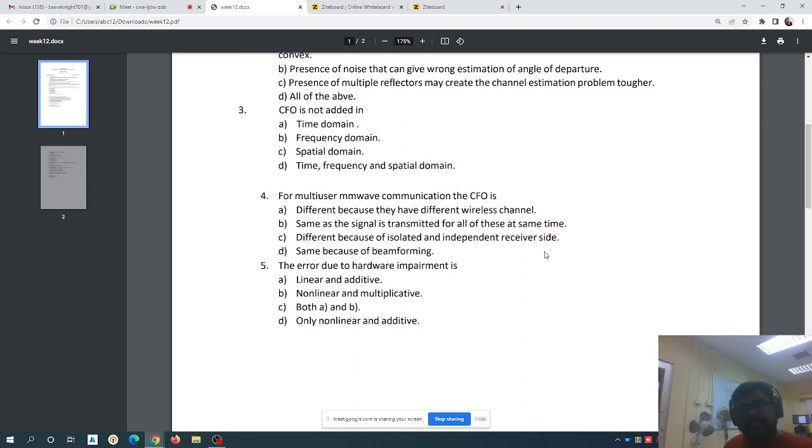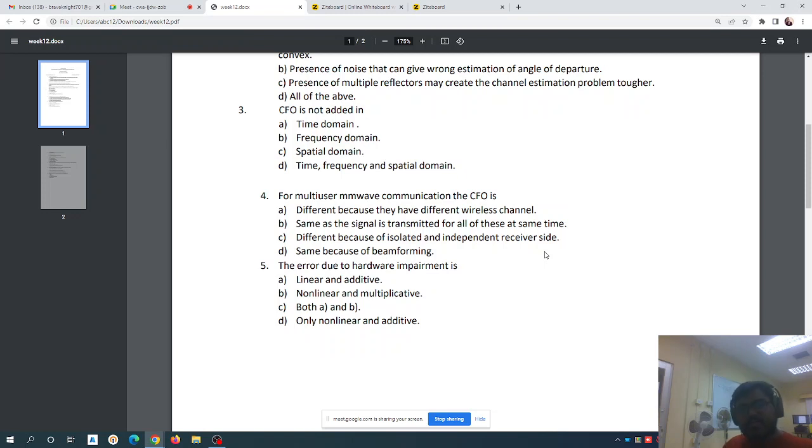So question number 5 says the error due to hardware impairment is linear additive, option B is nonlinear and multiplicative, option C is both A and B, and option D is only nonlinear and additive. So this hardware impairment noise comes from the silicon process and all these things, and it is not only the thermal noise, it can be any impairment like power amplifier impairment or silicon process impairment.